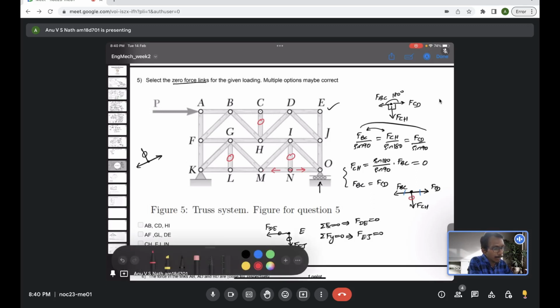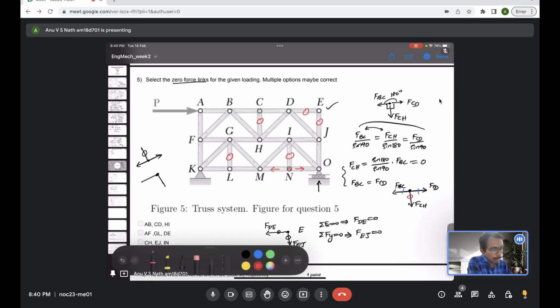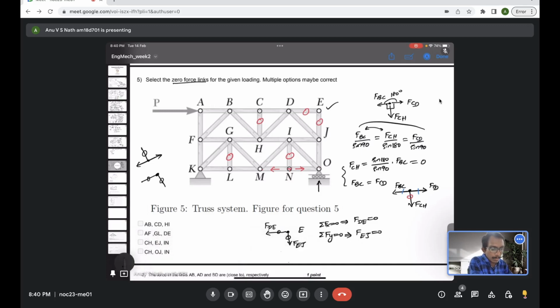So we are again finding two zero force members, DE and EJ. So this is another technique. If you have this kind of a joint, an L kind of a joint, with no external force acting, then both of them should be zero force members.